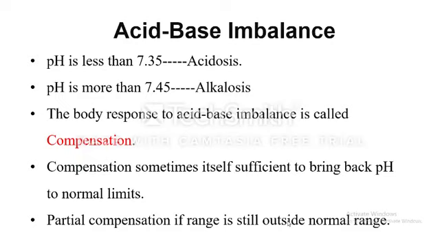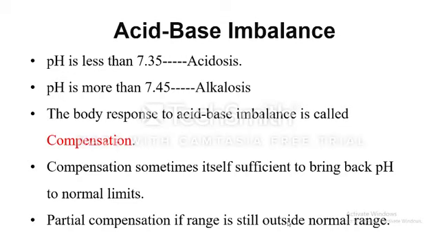Now the body's response to this acid-base imbalance is called compensation. This is the natural defense system that the body at once activates whenever alkalosis or acidosis takes place. Compensation sometimes is itself sufficient to bring pH back to normal limits, but sometimes it is not.